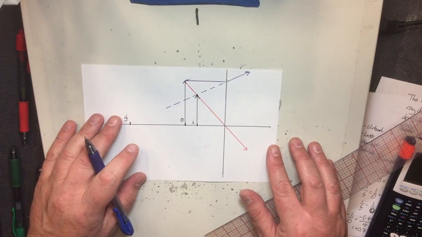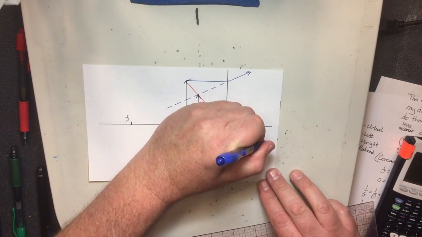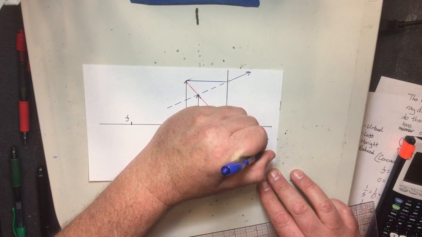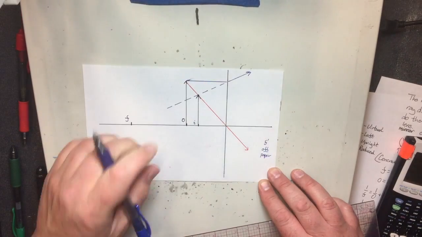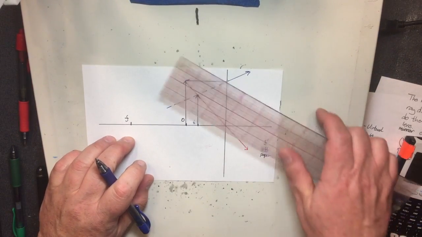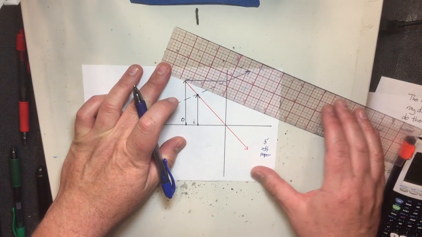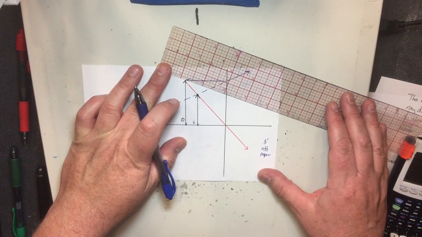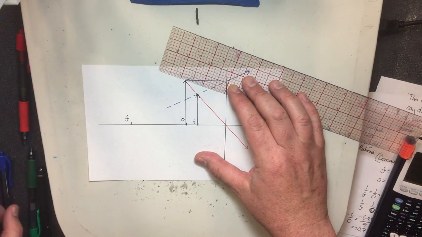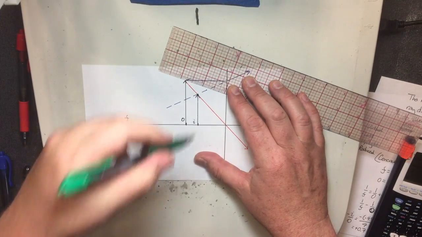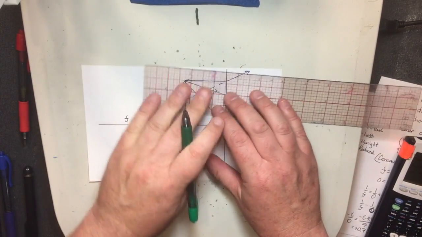The third ray, the tricky ray: if you aim a ray at that focal point, or the anti-focal point, for this situation, in the optics PDF that I sent you, there's something like this in there.